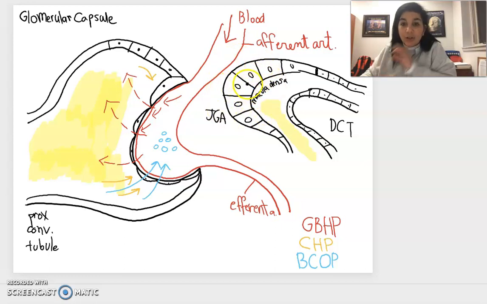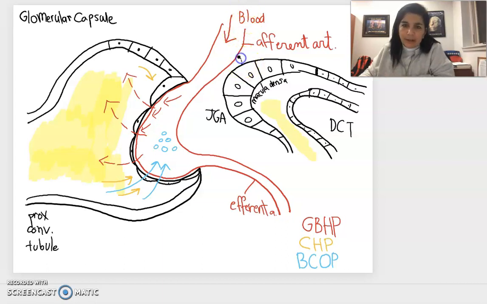And these cells are there to monitor the blood pressure. When there is pressure here, they're monitoring the levels of sodium ions, chloride ions, and really also water, so blood volume, and all of that is going to have an impact on the blood pressure. So these cells are monitoring over here.